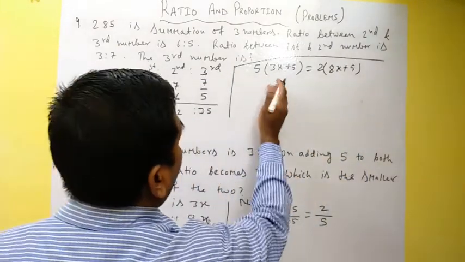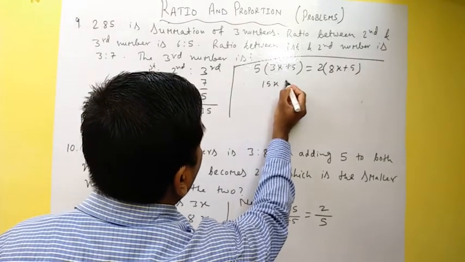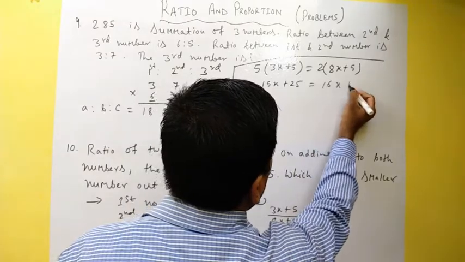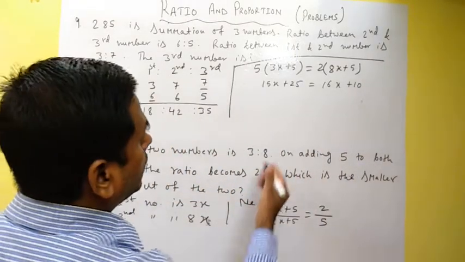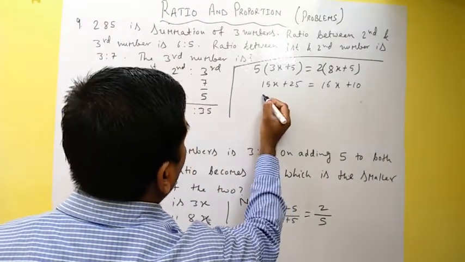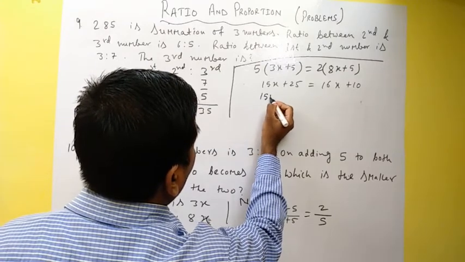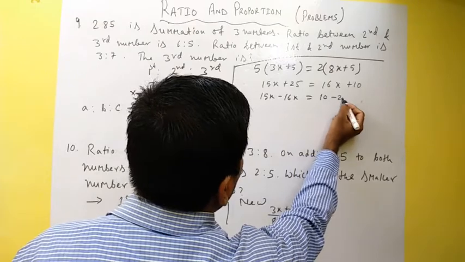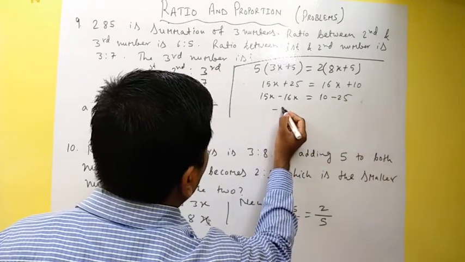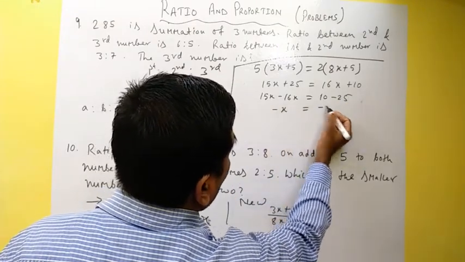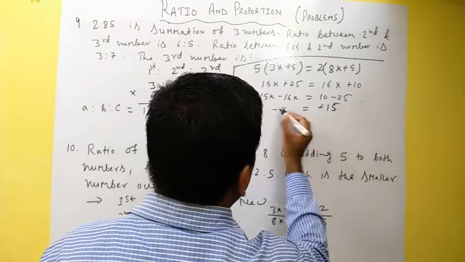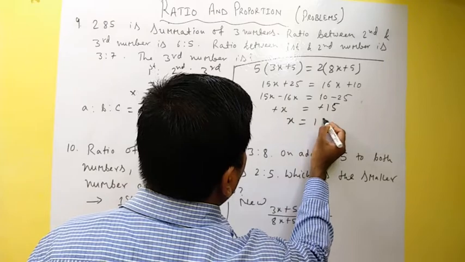Now 15x plus 25 and 16x plus 10. Okay, so now 16x if I bring here, 15x minus 16x is equal to 10 minus 25, which becomes minus x is equal to minus 15, and minus minus cancel, so x is equal to 15.